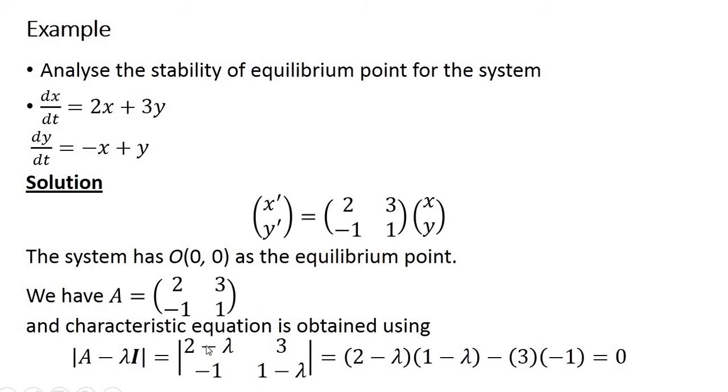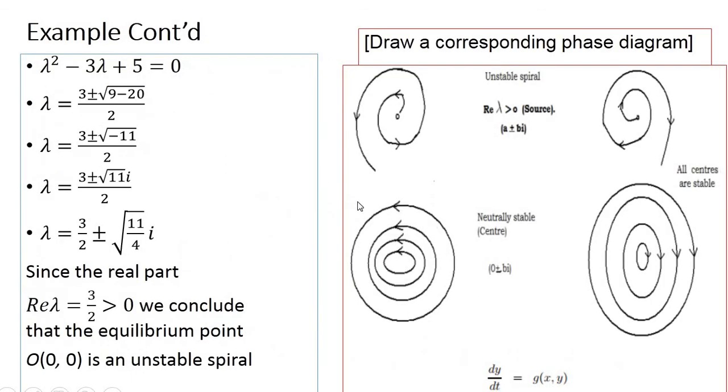So the determinant is this times this, minus this diagonal, which is 3 times minus 1. Our characteristic equation will be lambda squared minus 3 lambda plus 5 equals 0. Solving this and simplifying, you get lambda equals 3 over 2 plus or minus the square root of 11 over 2 times i.